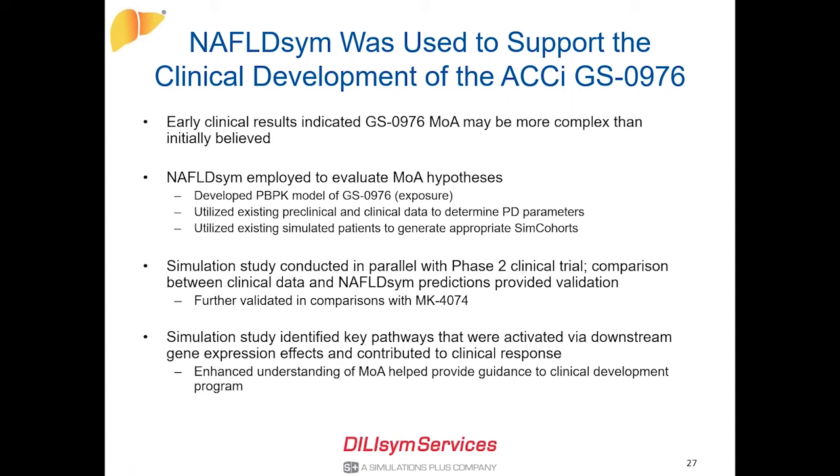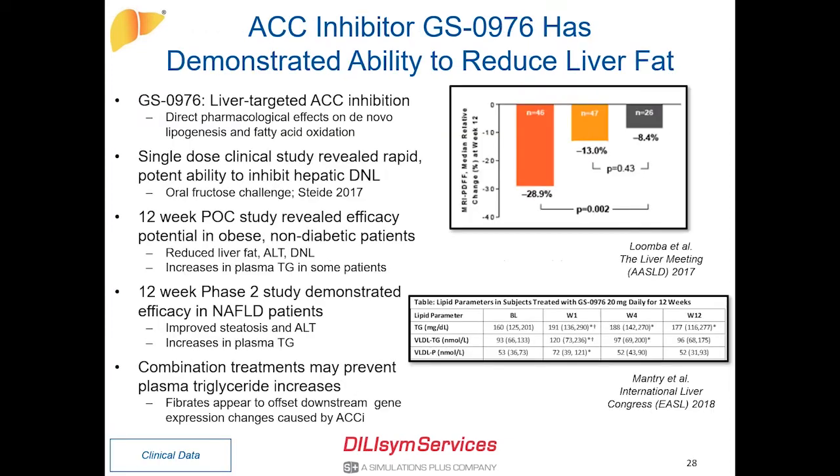And so we used that as validation, again, really strengthening everything. So in the end, we were able to identify some of these key pathways that were activated by downstream gene expression effects. And this sort of insight provided from the modeling actually helped influence the clinical development program. So let me describe that here on the next slide.